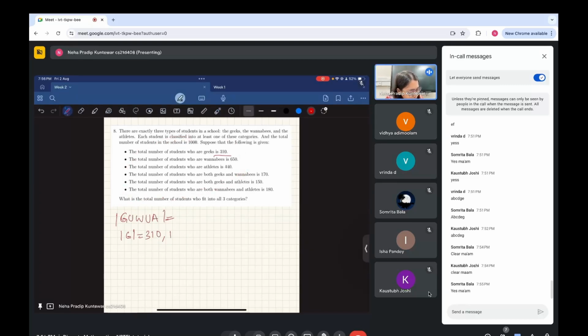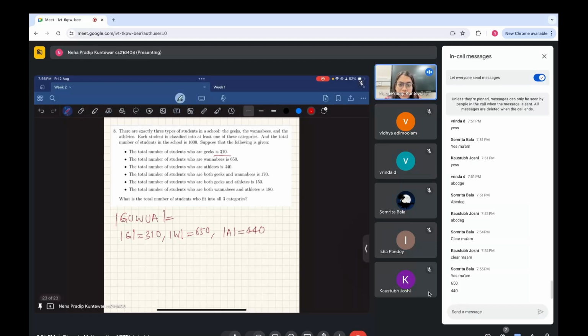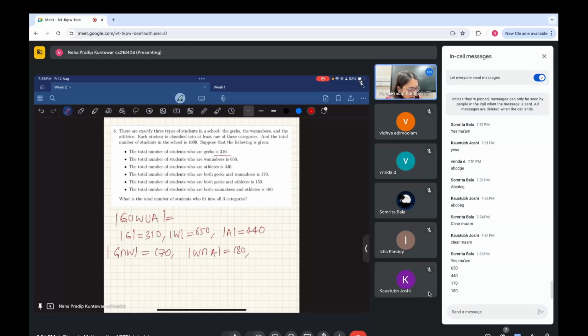The number of athletes is given. What is the value of G intersection W? 170. Right. So W intersection A? 180. Okay. And A intersection G? 150. Okay.